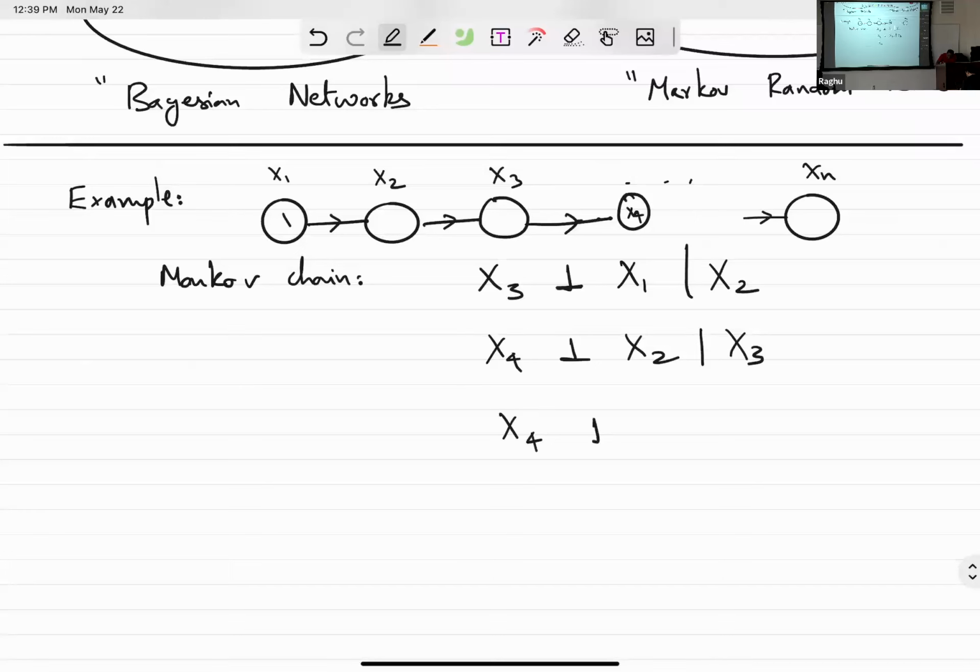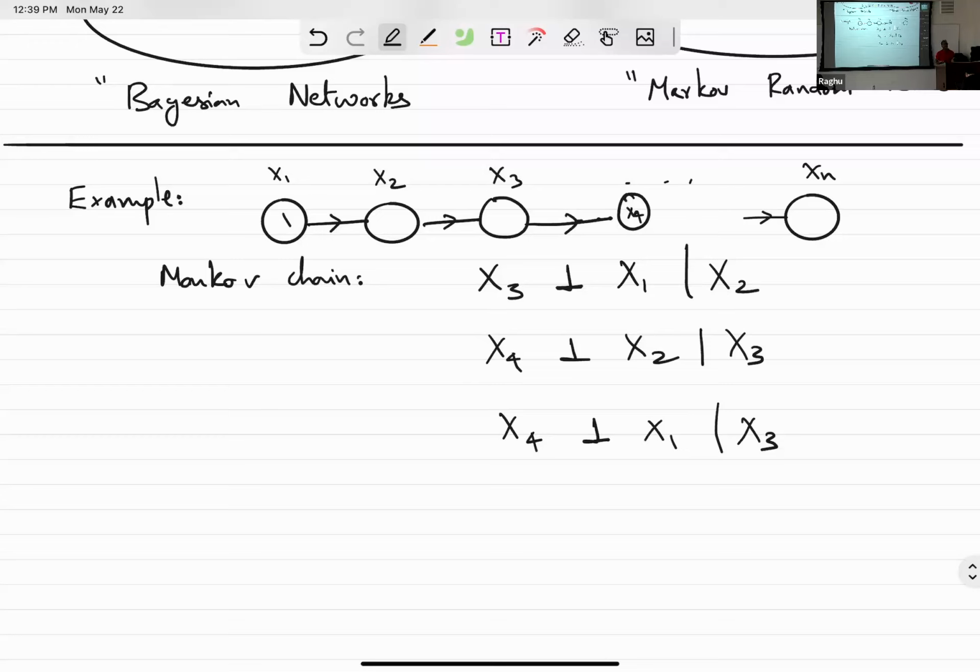You can even say x4 is independent of x1 conditioned on x3. So once you condition on a node, everything in the past is independent of anything in the future. So a Markov chain is really described by this entire sequence of conditional independence relations. That's what it is, okay?